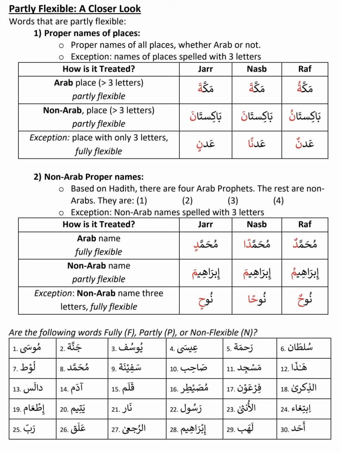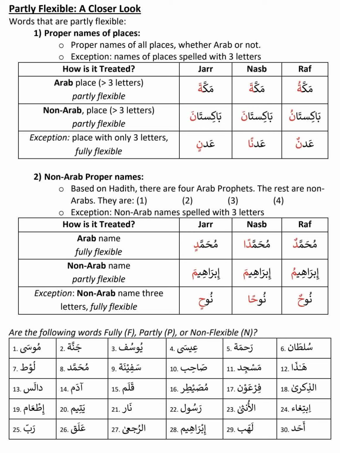But still, since it is only three letters, it becomes fully flexible. So it can have all the variations like Adinun, Adinan, Adinin. Same like Muslimun, Musliman, Muslimin, it can have all the three variations just because it is a three letter word, even though it is the name of a place.